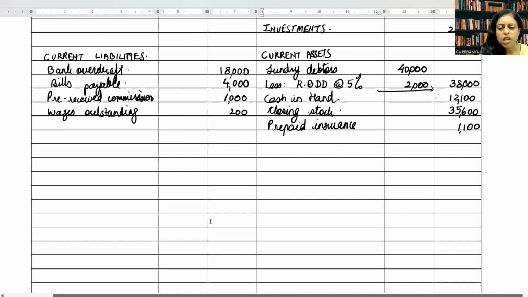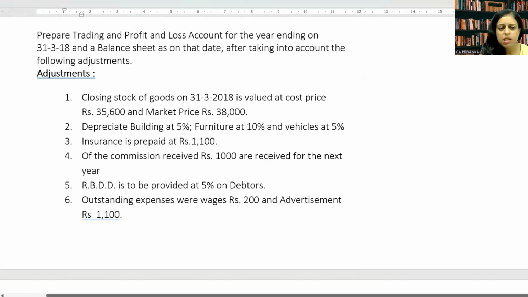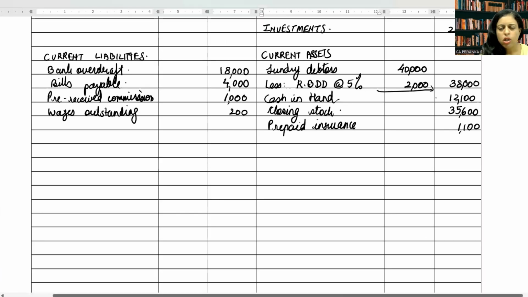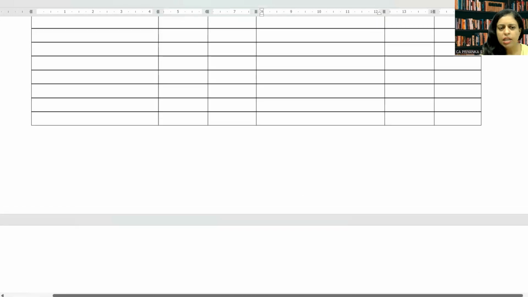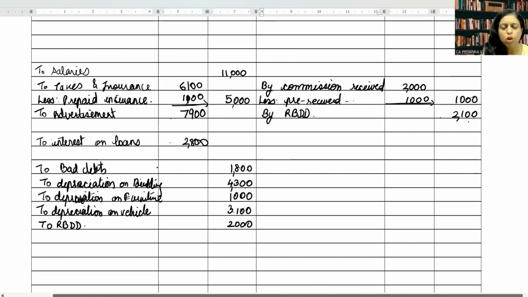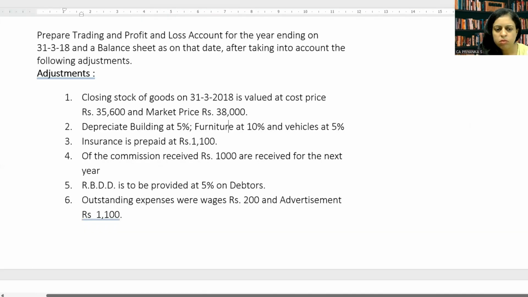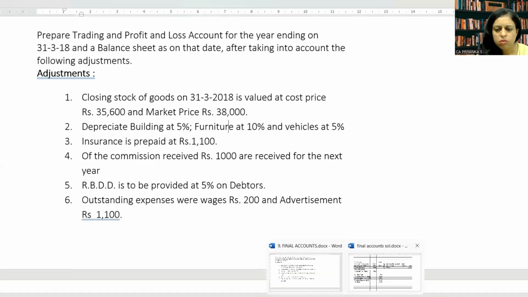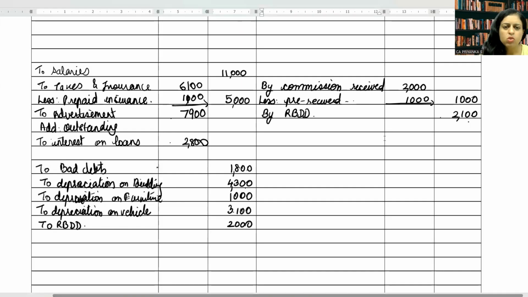What else is outstanding? They said there is one more expense that is outstanding, advertisement 1,100. So again, I'm going to add to the advertisement first, the outstanding expense in the profit and loss account, add outstanding 1,100.